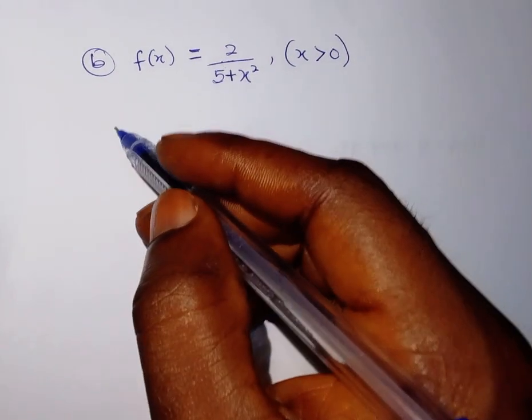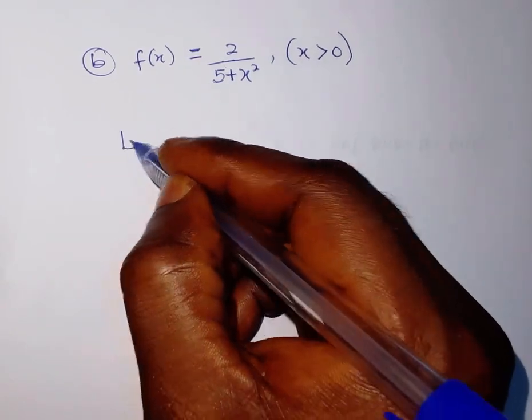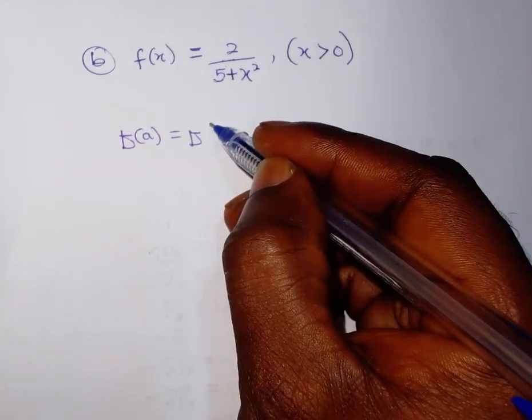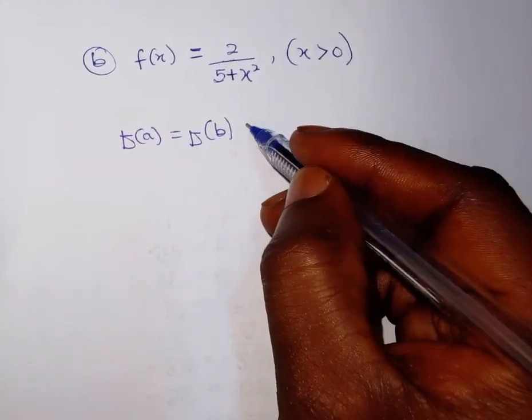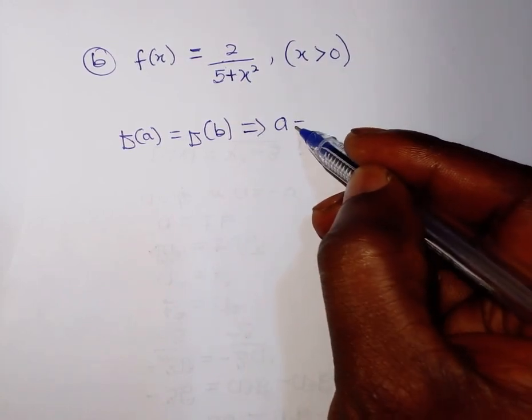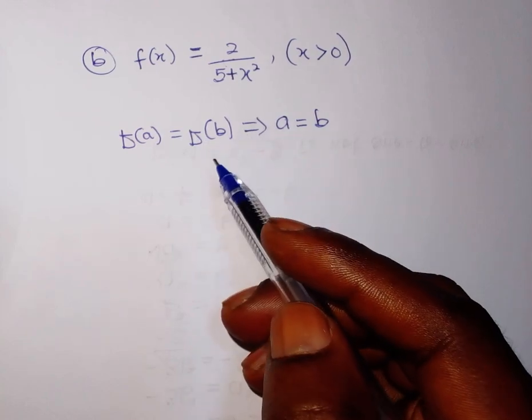All right. Good. As we always say, algebraically, for a function to be 1 to 1, f at a should be equal to f at b. That gives a should be b. So we are going to do all this.